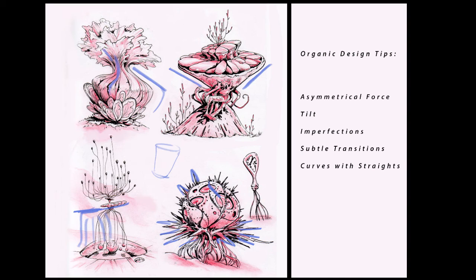And the last one I want to point out too is that when you're dealing with vines and things of this nature that are generally just really meandering cylindrical forms, you kind of want to keep a straight on them sometimes. So some segments could be really curvy, but you want to keep a straight edge, and that's going to give them a lot of structure and a heck of a lot more interest.